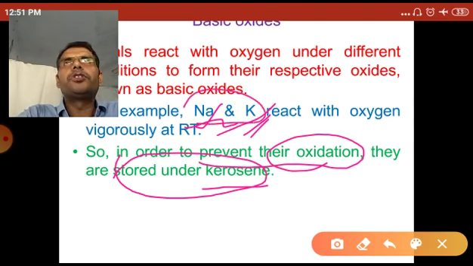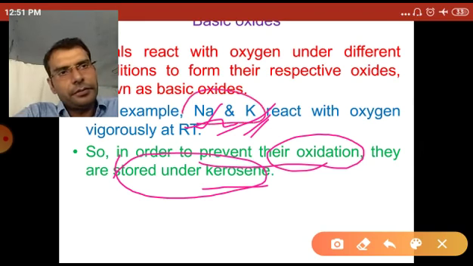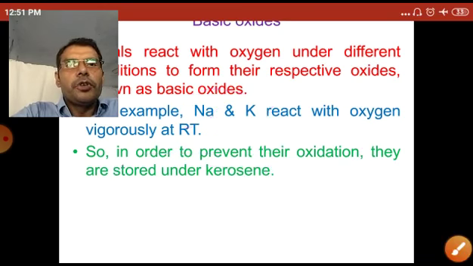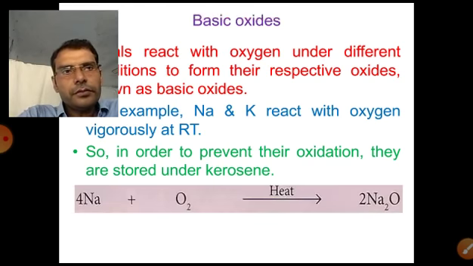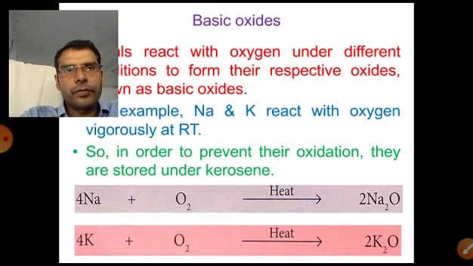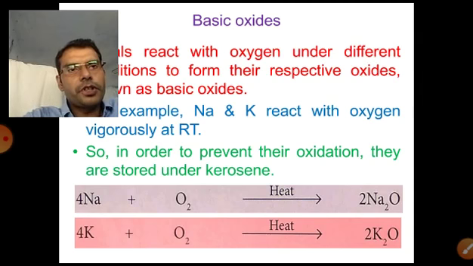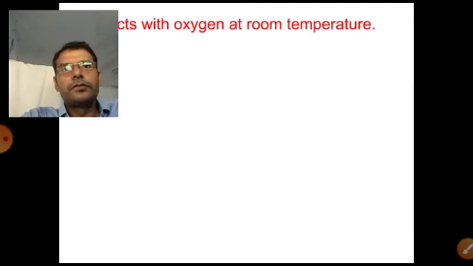They are never kept in the air due to their vigorous oxidation nature or vigorous burning property in the air. Sodium reacts with oxygen to produce sodium oxide. Potassium reacts with oxygen to produce potassium oxide.